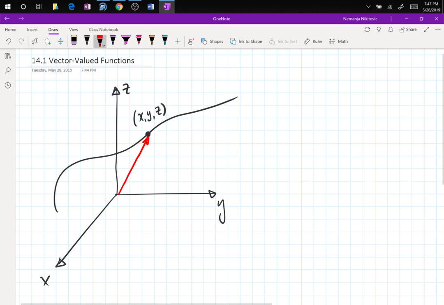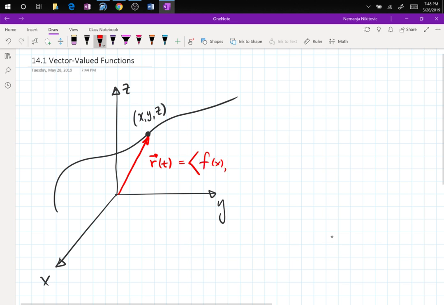And this vector will be the position vector R, which will have 3 functions to create the coordinates of each point that it traces.